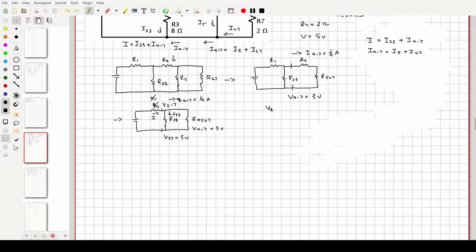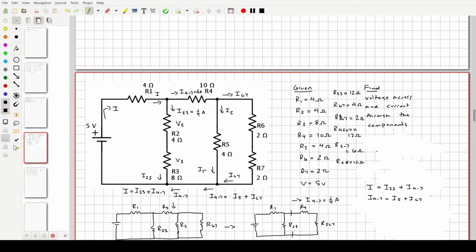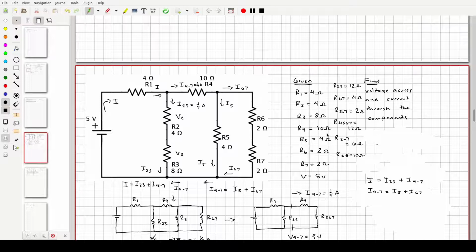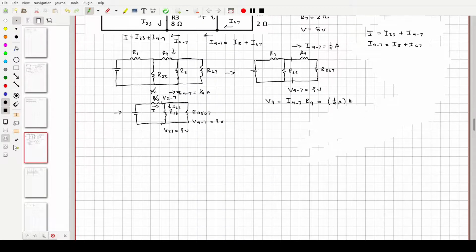For example, I know V4 is going to be, V is equal to I times R. That's going to be I4 through 7, since that's the current that's running through it, times whatever its resistance is. Well, I4 through 7 is 1/4 of an amp. The resistance of component 4 is 10 ohms. And what's 1/4 of 10? 2.5.